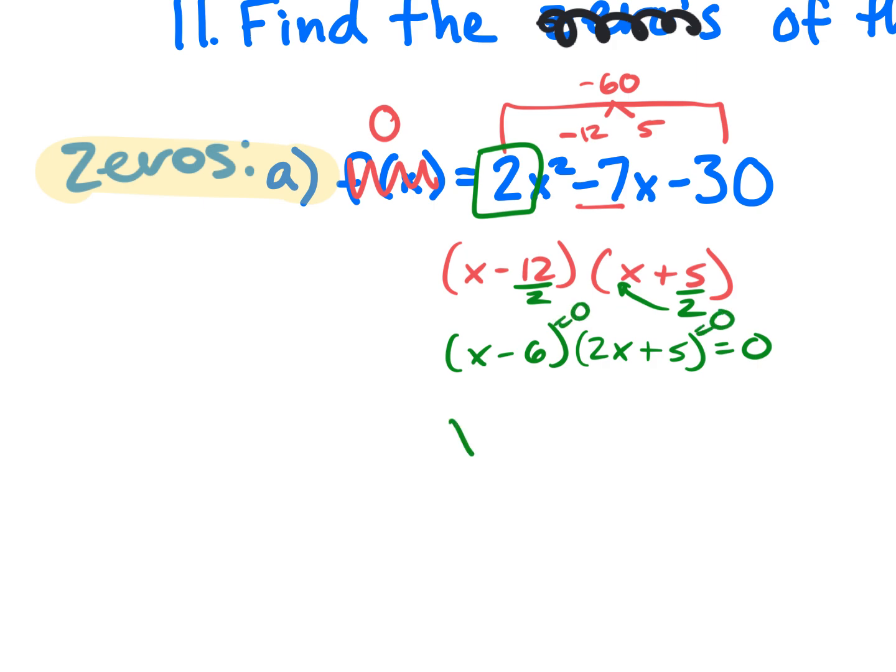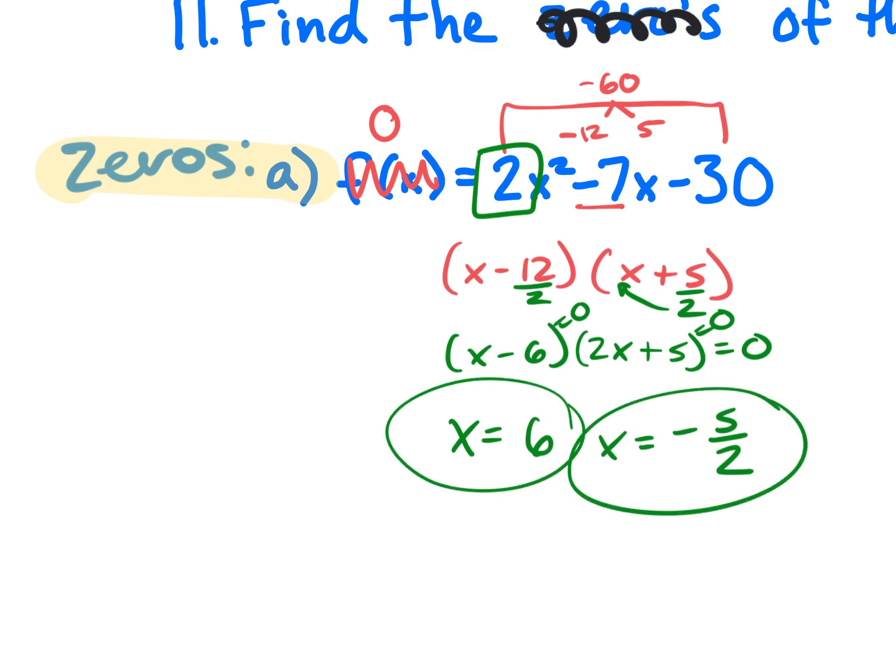Set them both equal to 0, so x equals 6 and x equals negative 5 over 2. How would we find the zeros if we had something that had 4 terms? How do we factor something with 4 terms? Grouping.